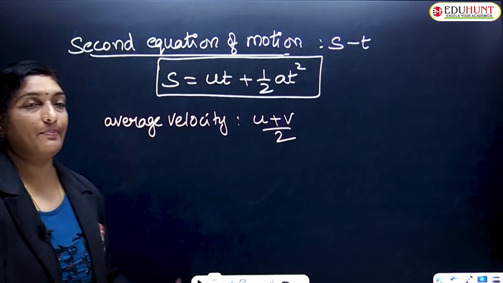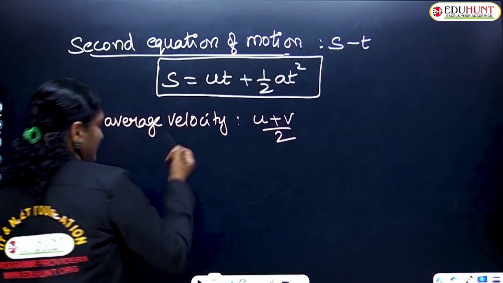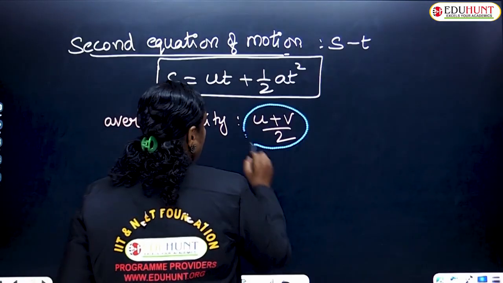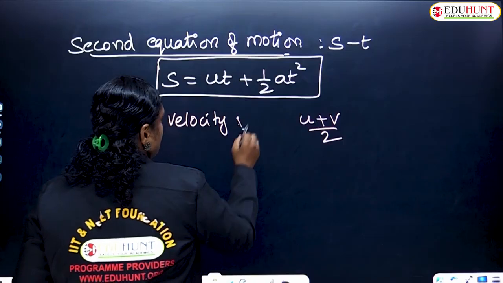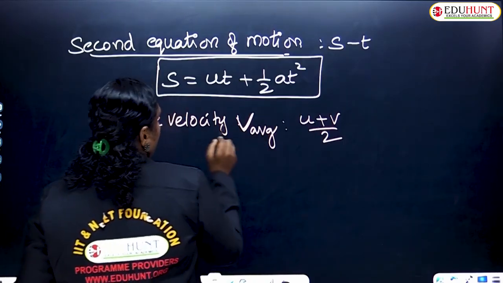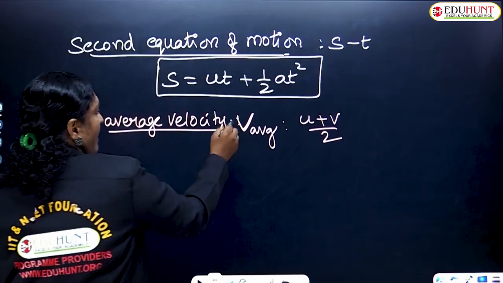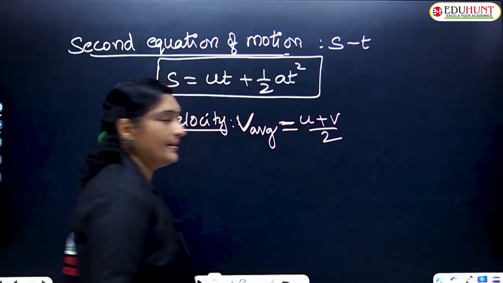Average velocity is given by u plus v by 2. Let us indicate this average velocity with a symbolic notation, v average. Okay, average velocity v average equals u plus v by 2.